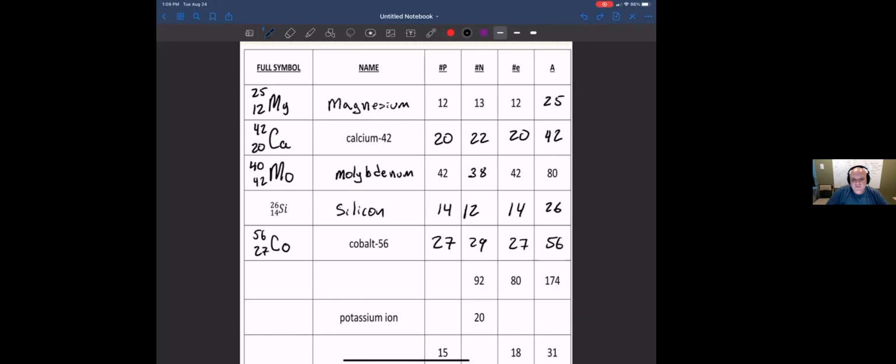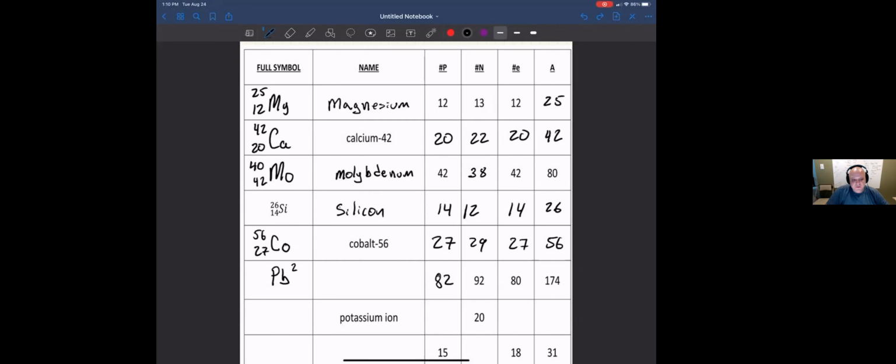So in the next one, I'm given the number of neutrons, I'm given the number of electrons, and I'm given the mass number. So I have to figure out what it is by subtracting the number of neutrons from the mass number in order to get 82 as the number of protons. Now that I've got that, I can look at my periodic table, and I know that 82 is lead.